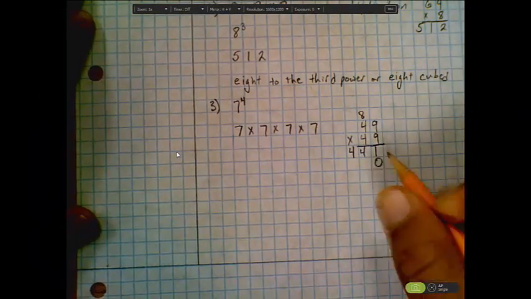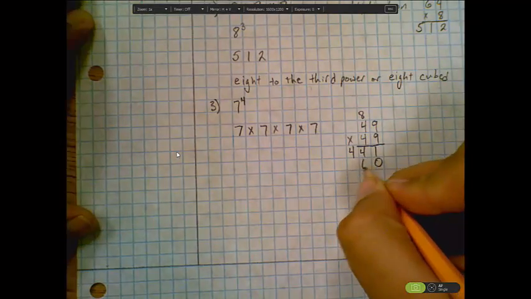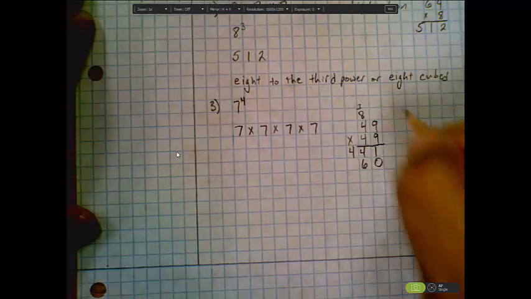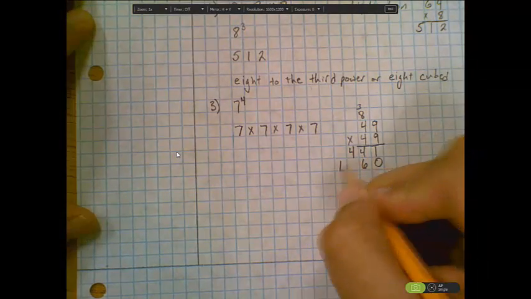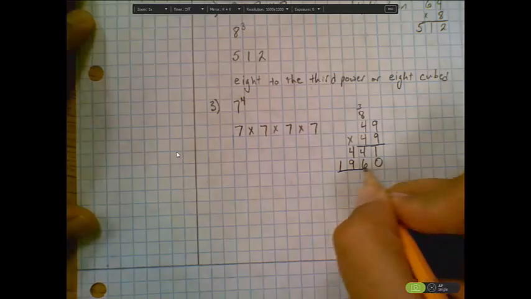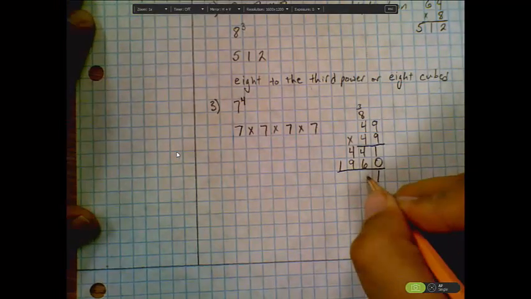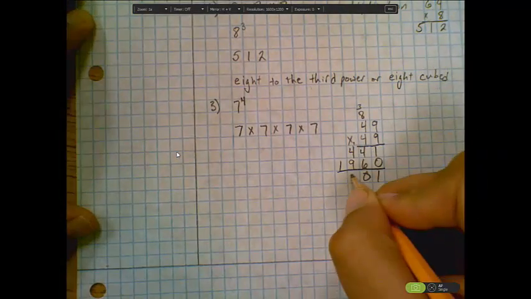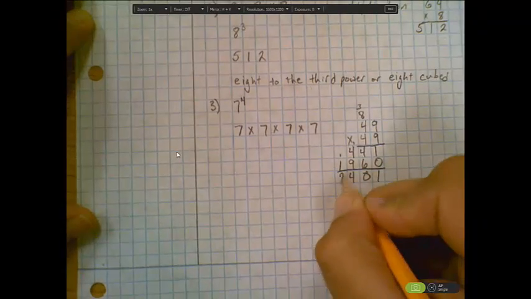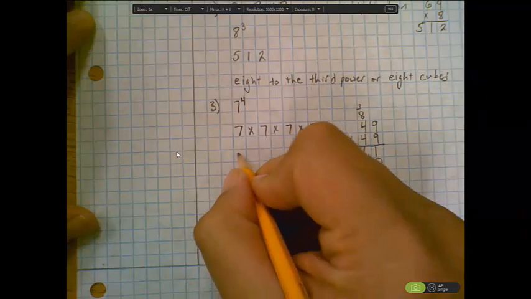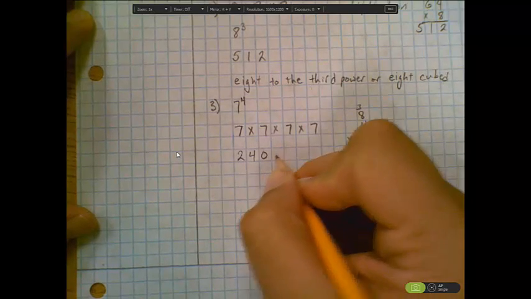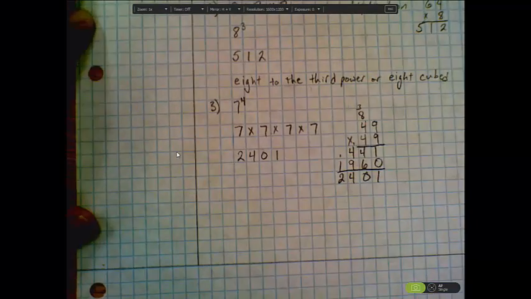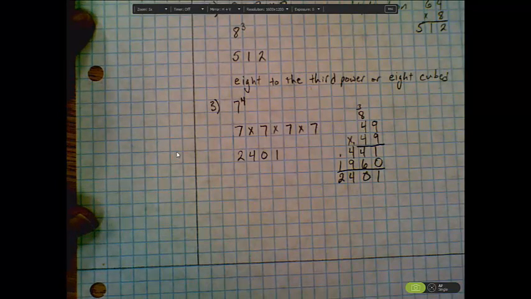Put our placeholder 0. 4 times 9, 36. 4 times 4 is 16. Plus the 3 is 19. Then we're going to add these up. And so it's going to be 2,401. And that's the standard form.